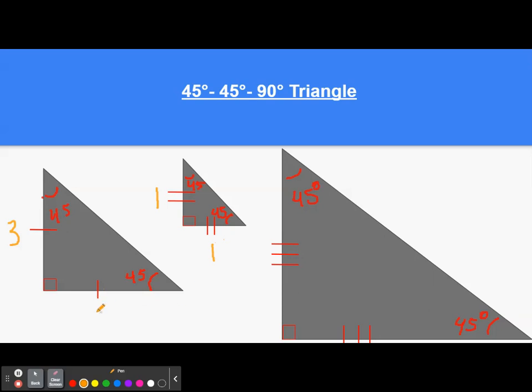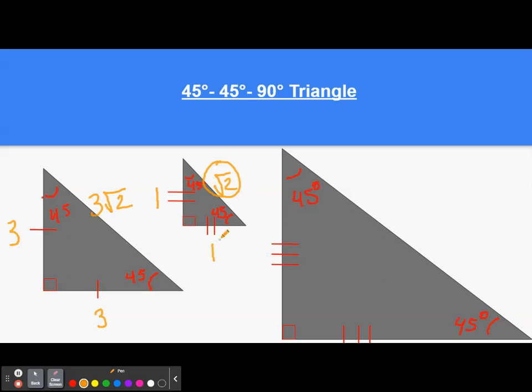So what would this side here be? 3. Well, you know previously that for this right isosceles triangle, the hypotenuse is the square root of 2. How can I find the length of this hypotenuse? Multiply this by 3. So 3 times the square root of 2 is just 3 square roots of 2.